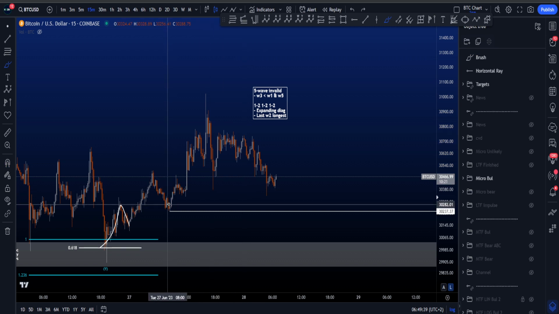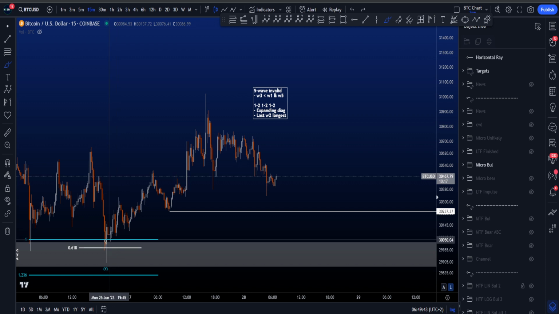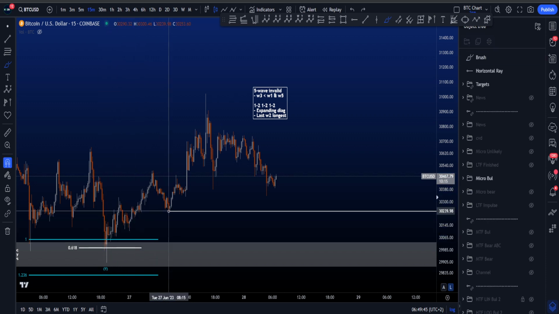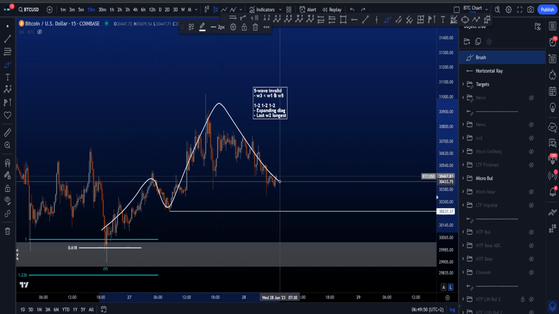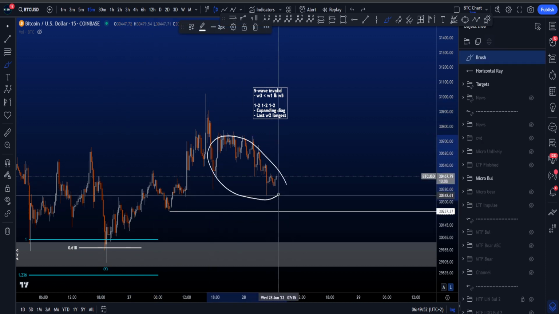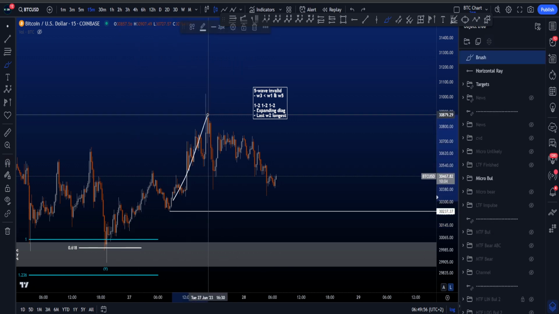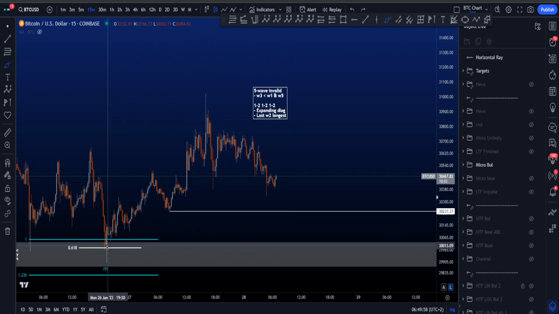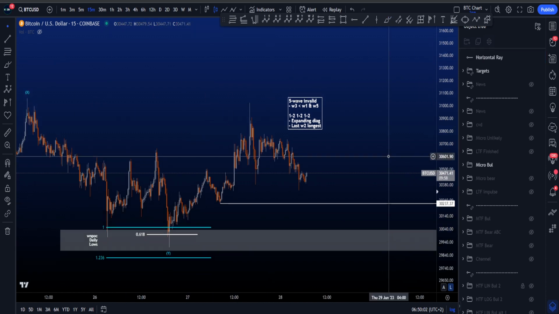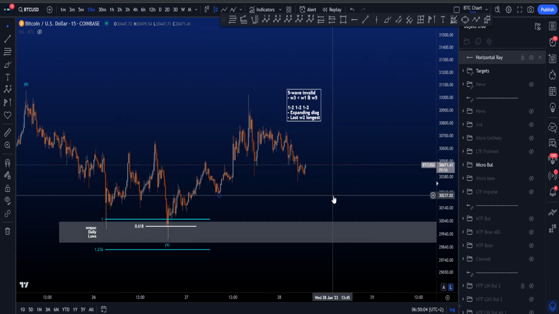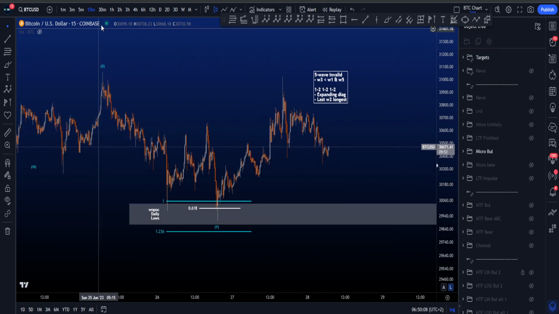But as you can see, this final wave 1 is larger in time and length compared to this and this wave 1, and also this potential final wave 2 is longer in time than this and this wave 2. However, this should be the lowest degree 1-2 out of the triple 1-2 that we have, and that's not really nice in a triple 1-2 scenario. So it's difficult to really find a nice impulsive structure in this scenario over here.